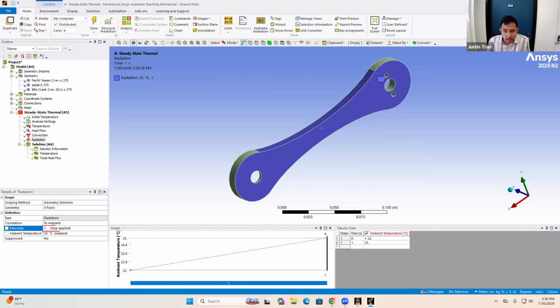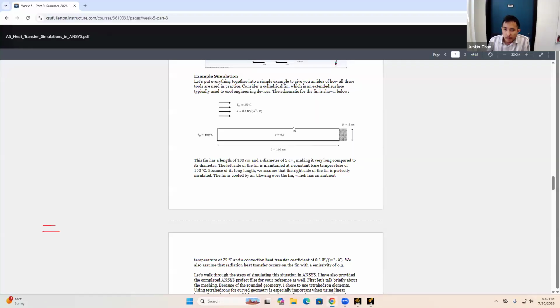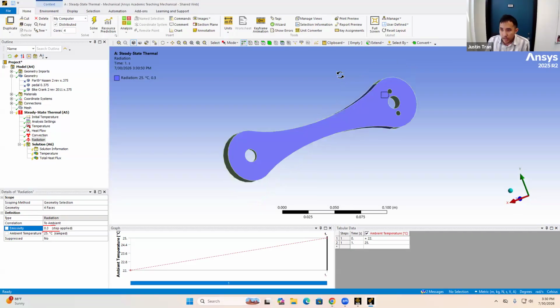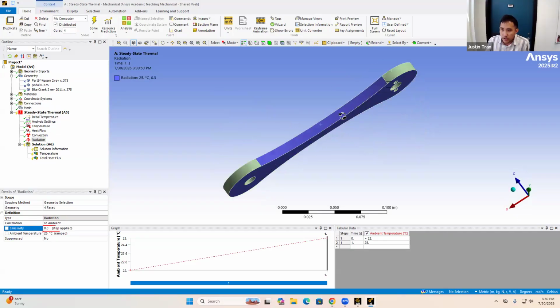And then for the emissivity, right? Emissivity is a property that describes how well the surface can emit heat. So it varies between 0 and 1. It's actually a ratio. Usually for a practical surface like this, an emissivity of around 0.3 is pretty common. So let's go ahead and put that. Okay, all right. So now we are enabling heat loss via convection and radiation.